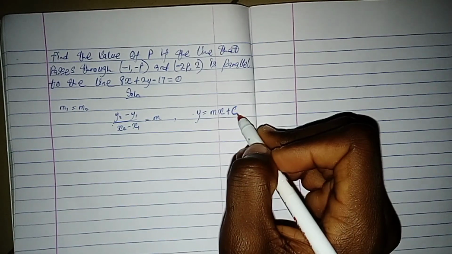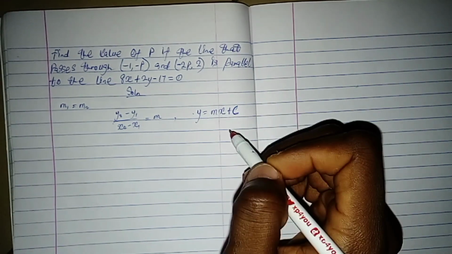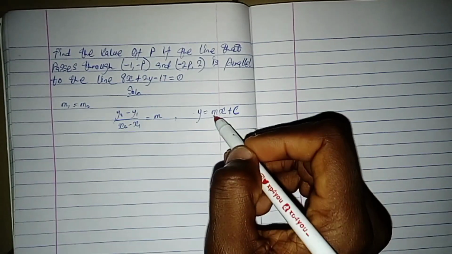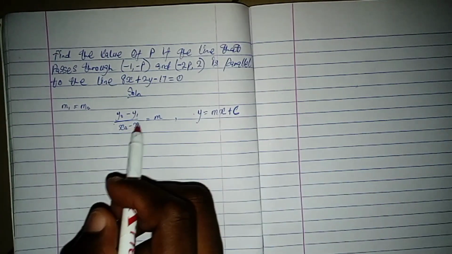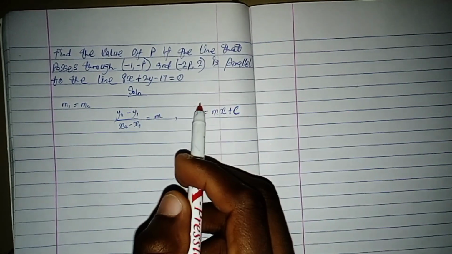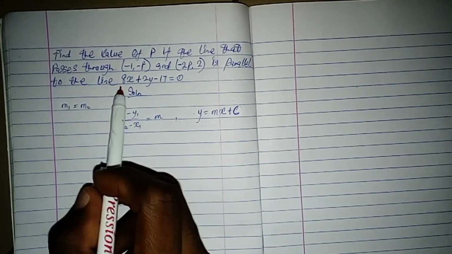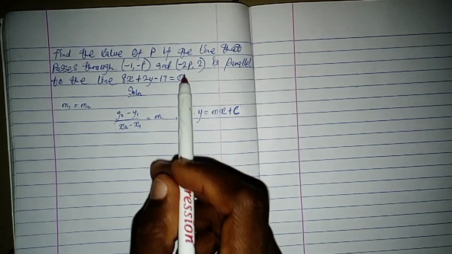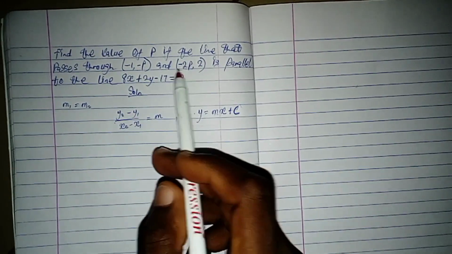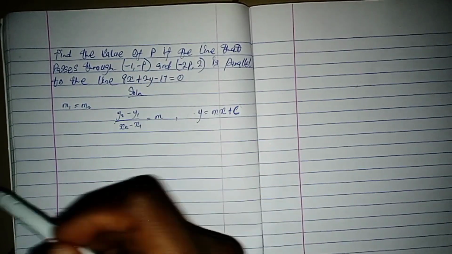C here is a constant, the point at which the line touches the y-axis. M is the gradient. If this is the general formula of a straight line, we can use it to find the gradients. And for this one, we already have point 1 and point 2 here, so we can use this to find the gradient for these points on the line.